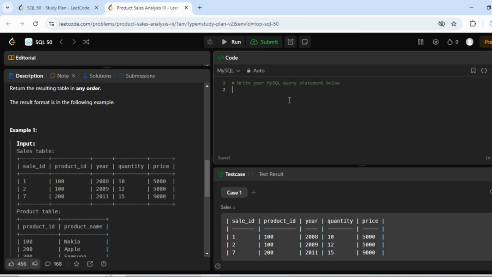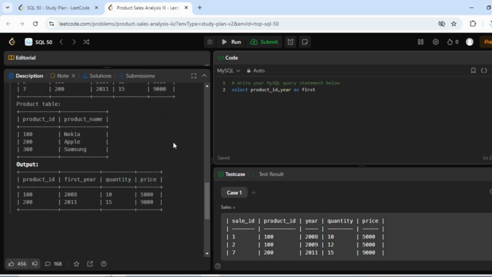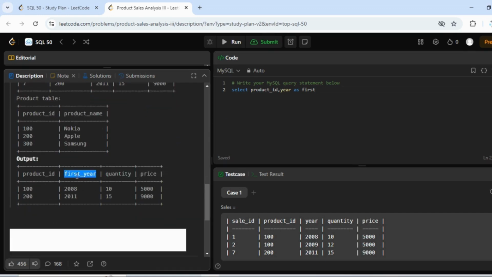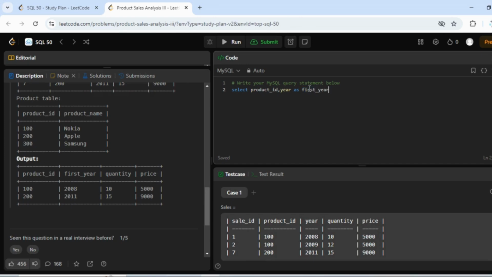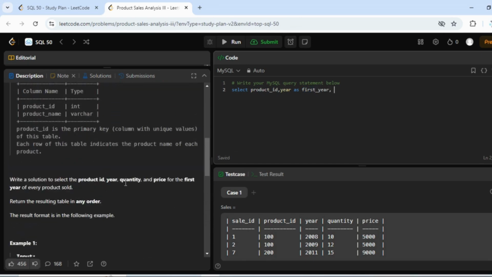Let me write down what I need to find. Actually what I need to find is: select product ID, and the year as the first year, and product ID, year, quantity, and price.